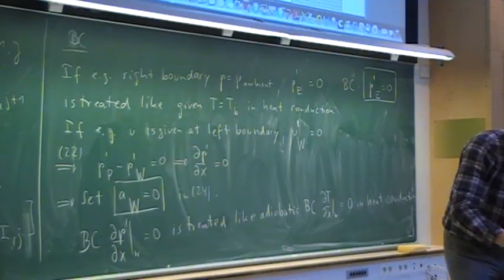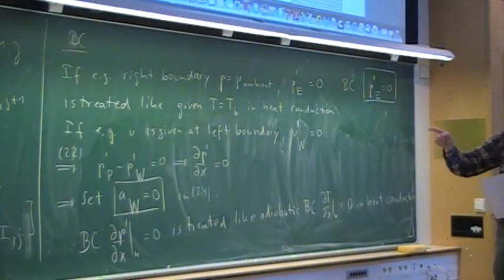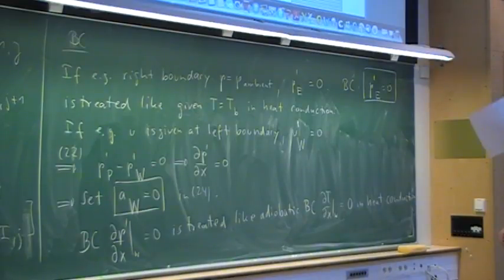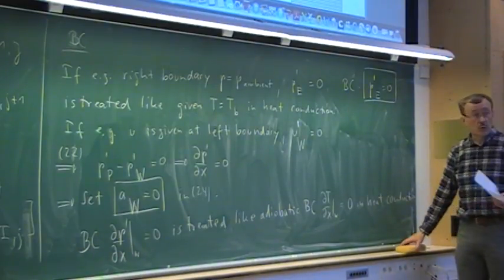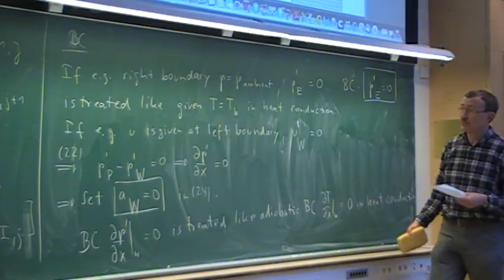Okay, so then we have the coefficients for the pressure correction equation on the left. We have discussed the boundary conditions, then we can just solve it, like we have solved the energy equation before.